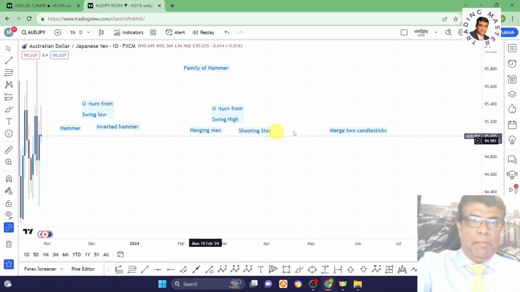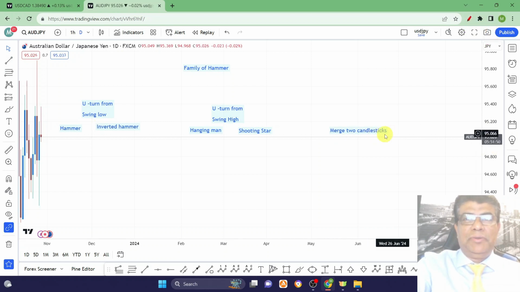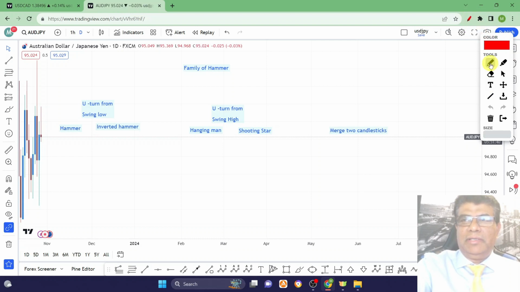So hanging man and shooting star, you look on the uptrend, and the hammer and the inverted hammer, you look for them at the bottom of the chart. Okay, and merging two candlesticks, basically you're merging two of them and making one, so you look for them anyway. Okay, so now let me draw how a hammer looks.